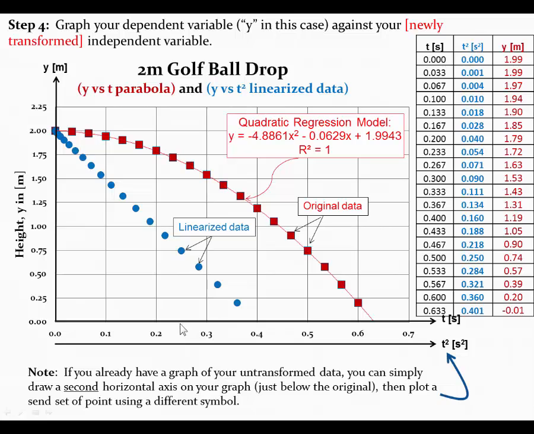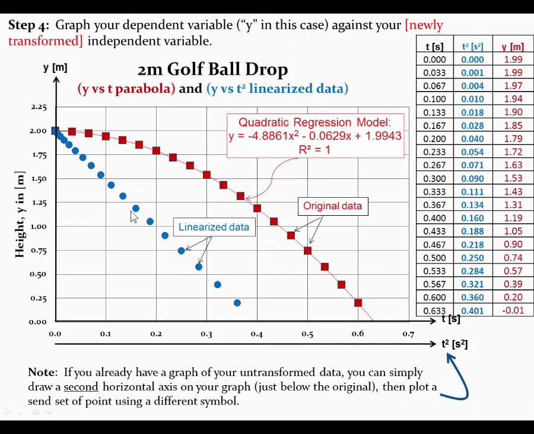And so here we are at a time of 0.25, halfway between, this is time squared of 0.25, halfway between 0.2 and 0.3. And if I go up, you can see I've plotted this at 0.75 meters high. And so really, we're just creating another graph right on top of the other one using a newly revised independent variable called time squared rather than time.